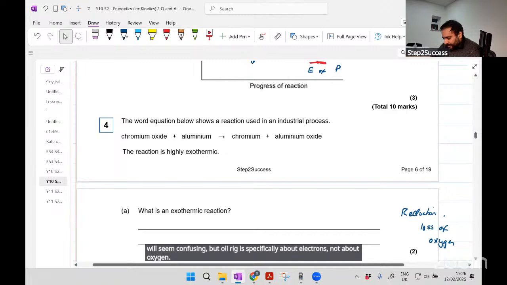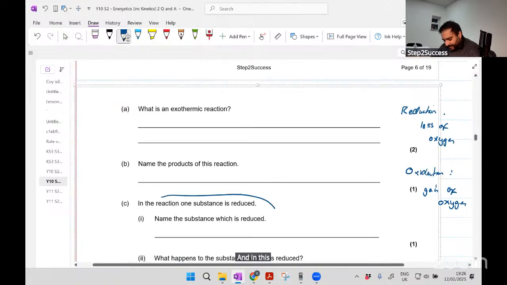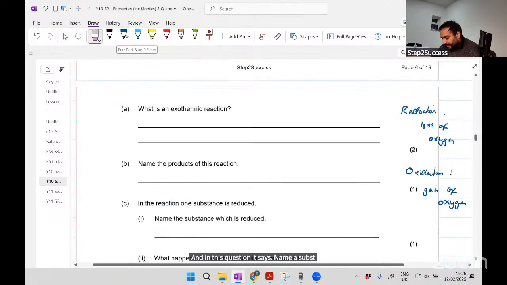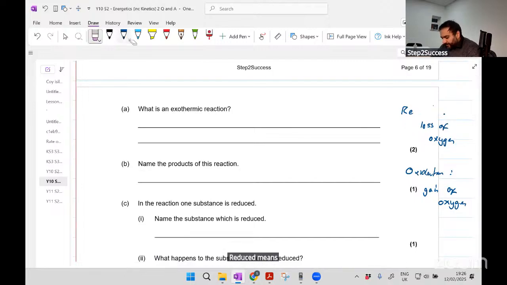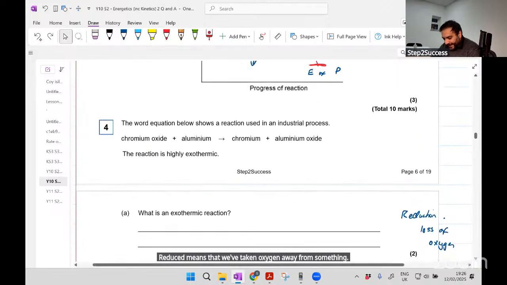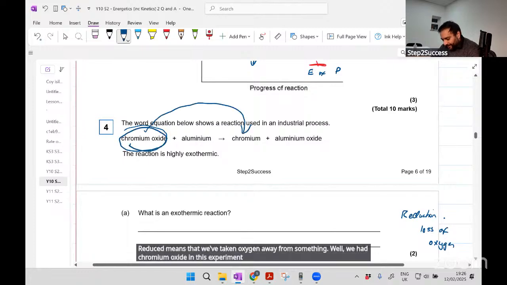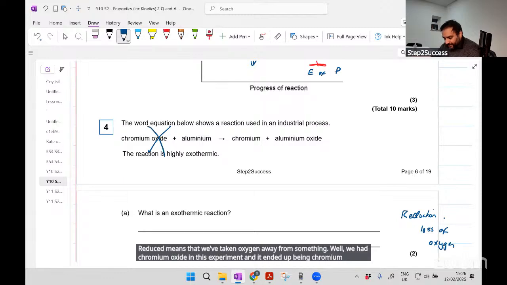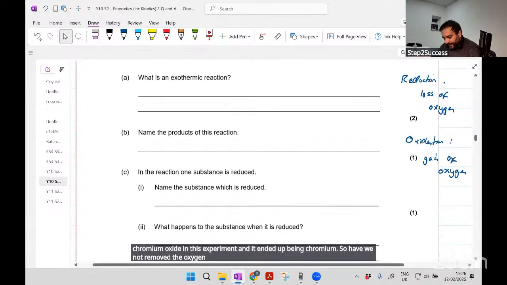In this question, it says, name a substance which is reduced. Reduced means that we've taken oxygen away from something. Well, we had chromium oxide in this experiment, and it's ended up being chromium. So have we not removed the oxygen from that compound? Therefore, the thing reduced must be the chromium.